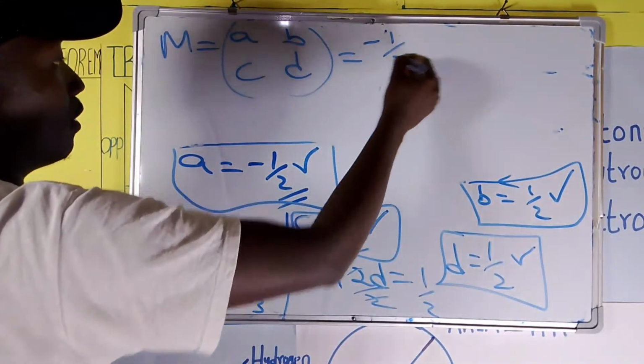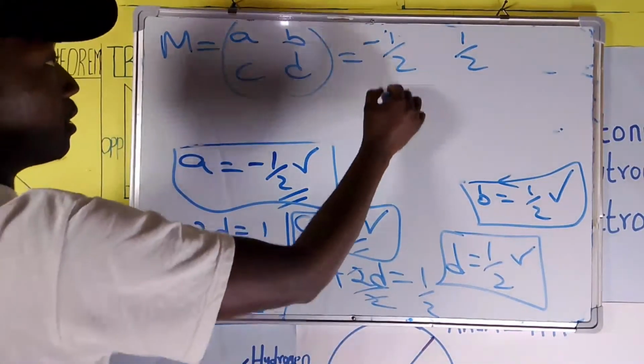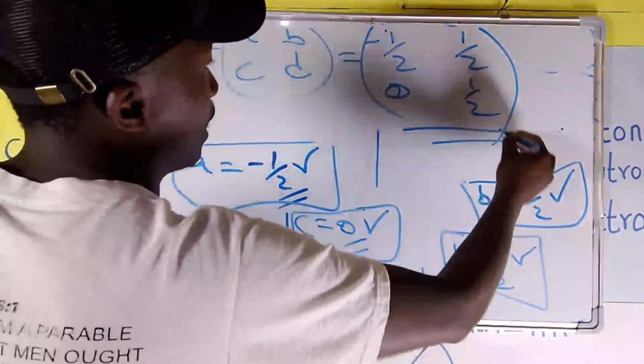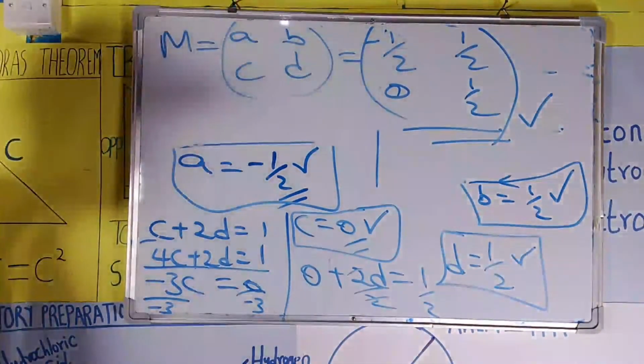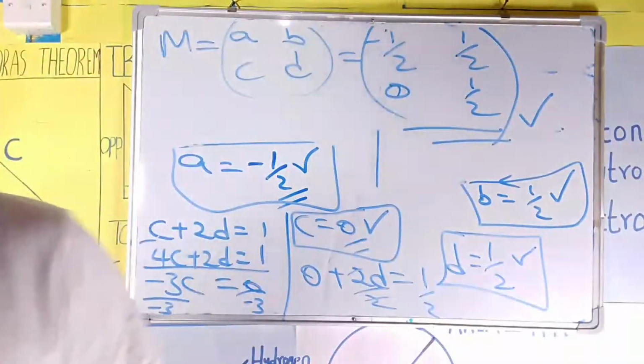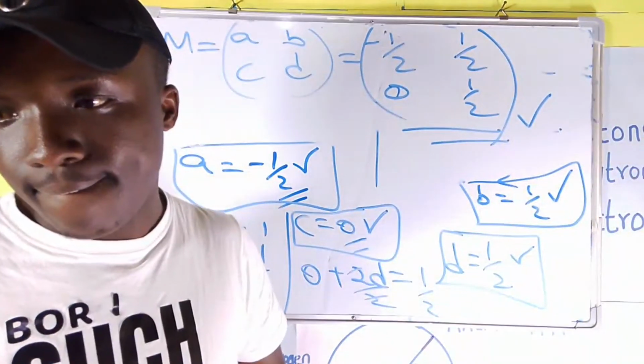Negative a half. Our B, a half. Our C, 0. And our D, a half. We are done. That is our matrix. Which one is positive a half?